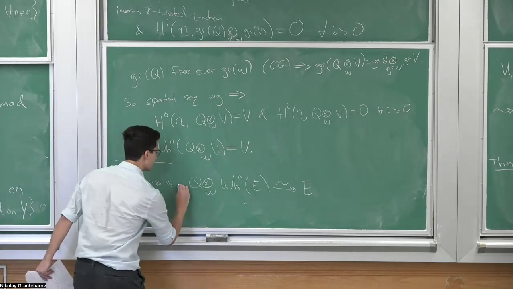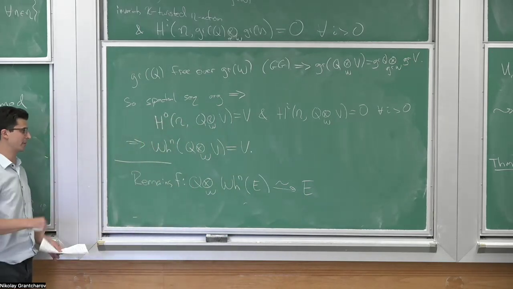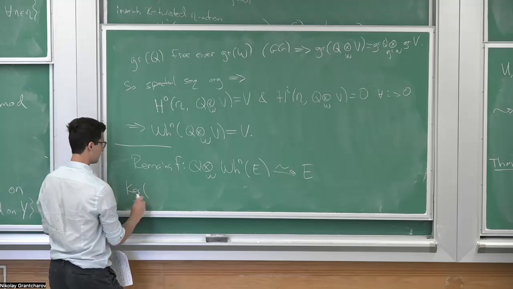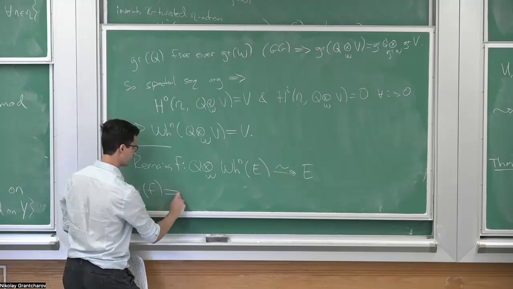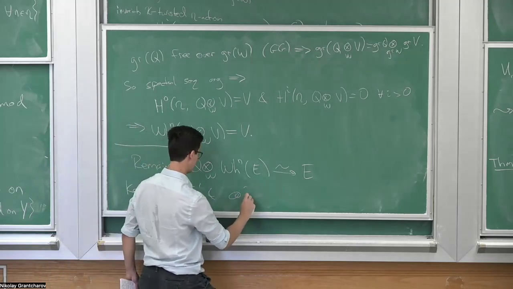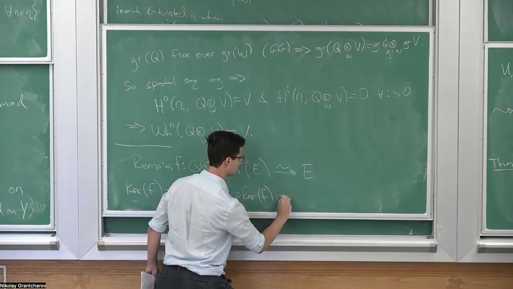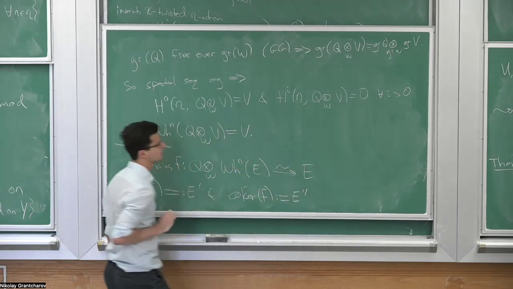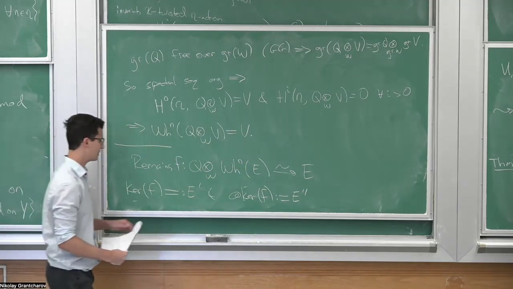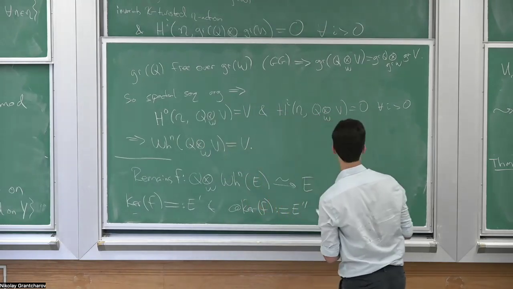Okay. So we're going to show that the kernel is 0 and the cokernel is 0. Both of these will follow from what we have just done.